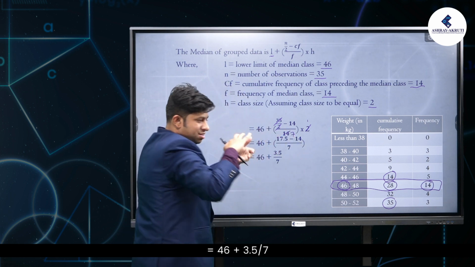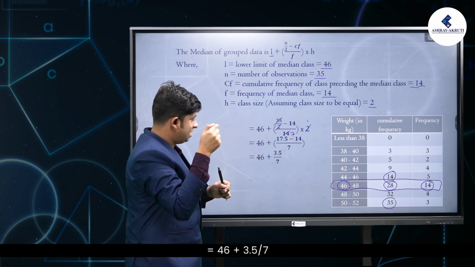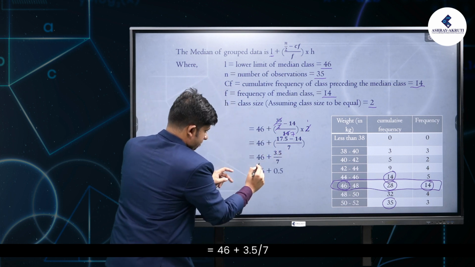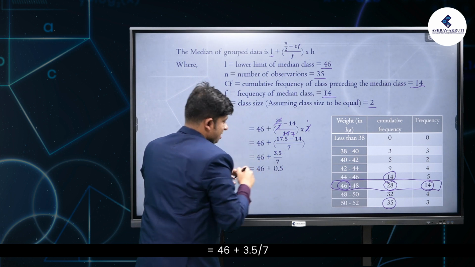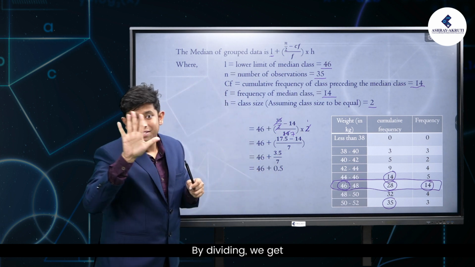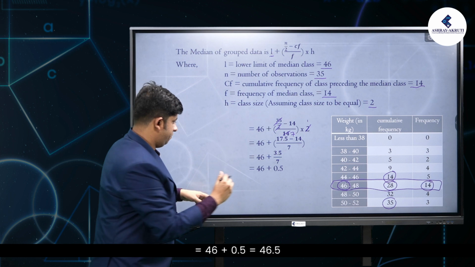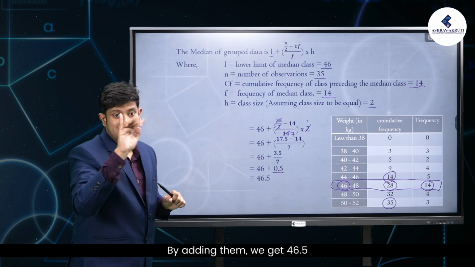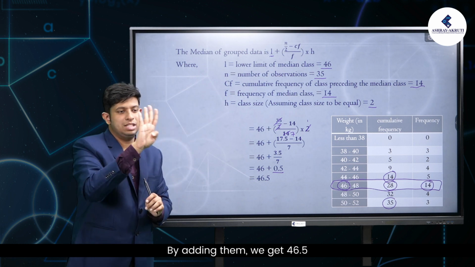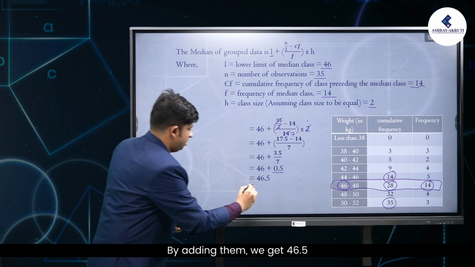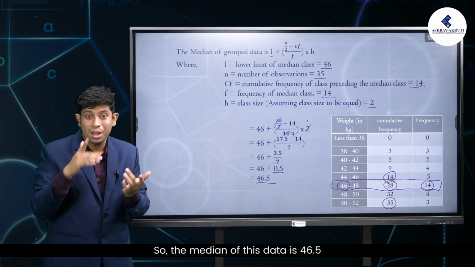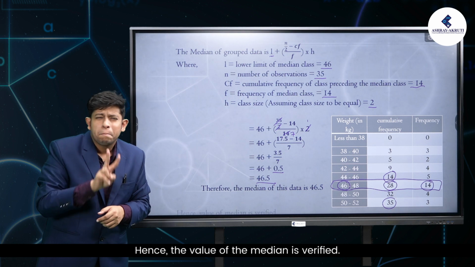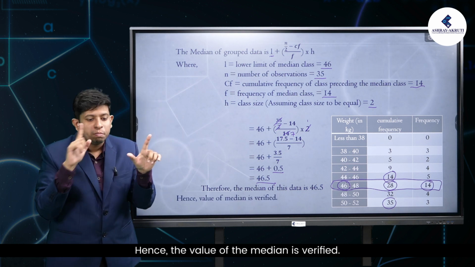That is equal to 46 plus 3.5 divided by 7. By dividing, we get 46 plus 0.5. By adding them, we get 46.5. So, the median of this data is 46.5. Hence, the value of the median is verified.